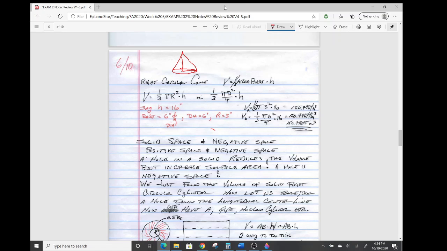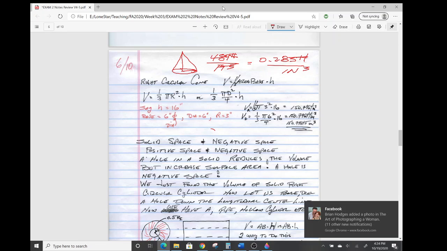Again, the unit weight per volume of steel is 489 pounds per cubic foot, which equals, just for argument purposes, 0.283 pounds per cubic inch, because we divide 489 by 1728 and we round it.